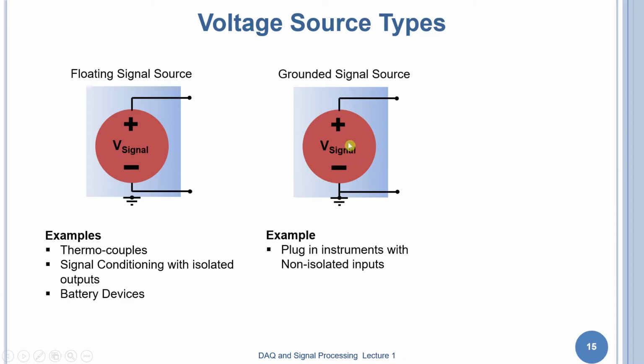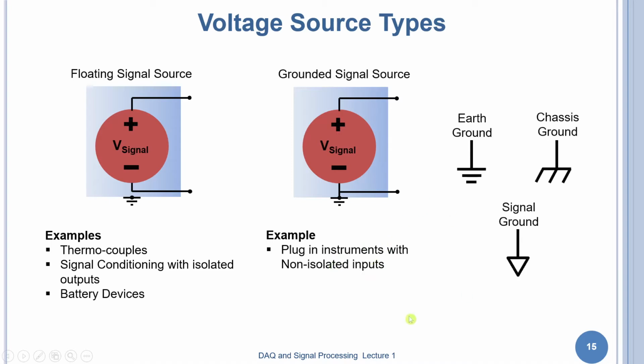In the case of a ground signal source, mostly in these instruments you'll get this kind of signal where you don't have an isolated input. You can have different types of grounds defined. The earth ground is where your system reference is connected to earth ground.